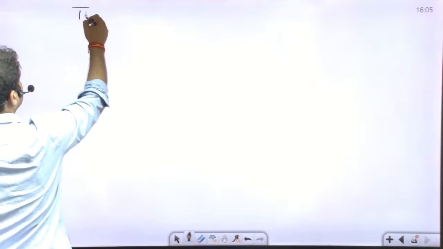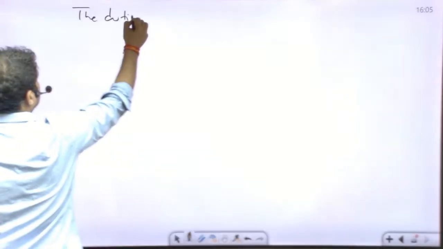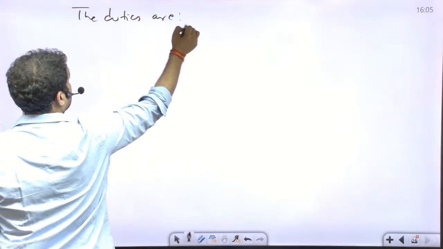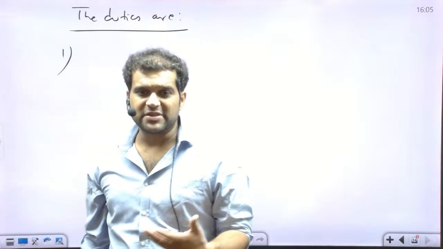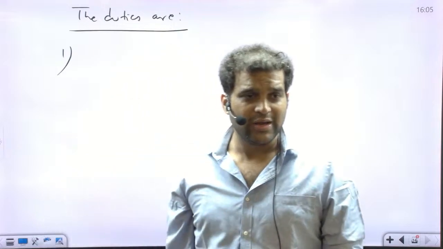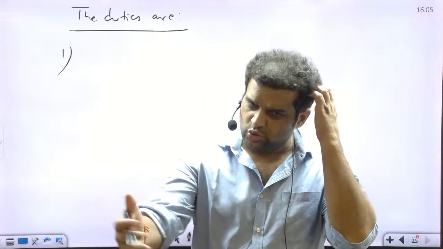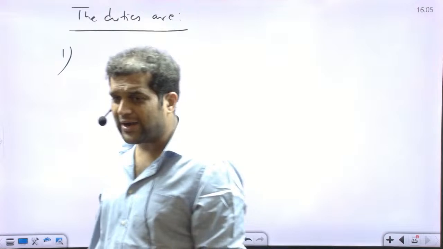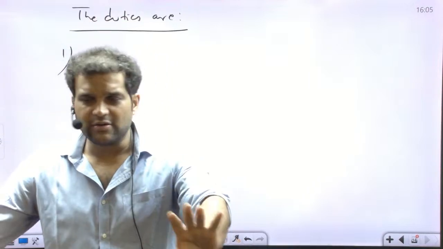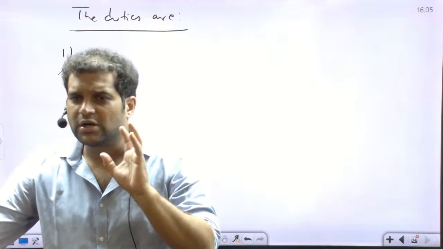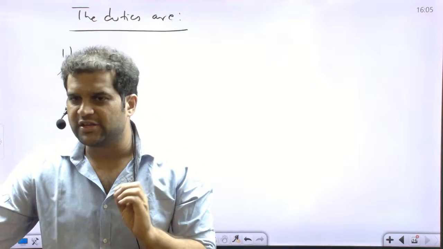Now, the duties are, now write down the duties. In no particular order, the duties are, you need not remember these duties in this particular order. Just go through these duties 2-3 times and you will remember them. All right. There's no need to remember them even verbatim. You just need to remember the keywords written in the duties.